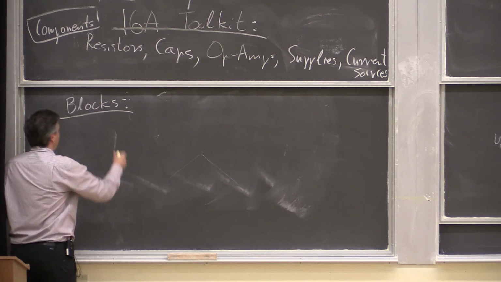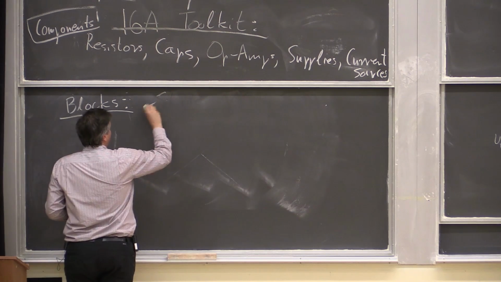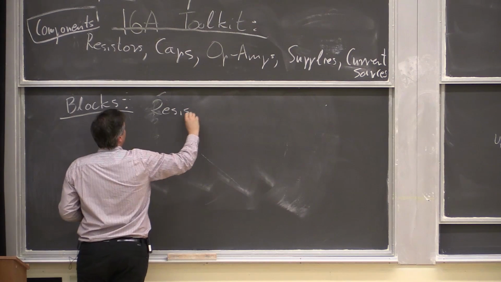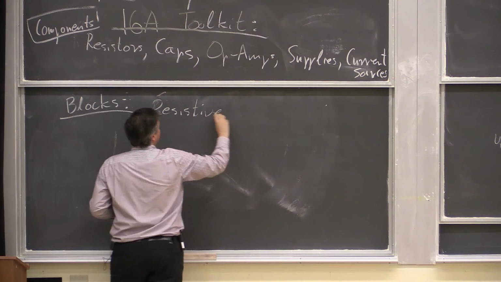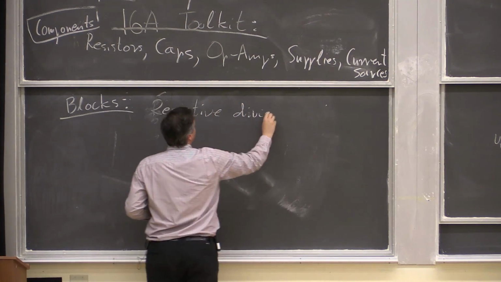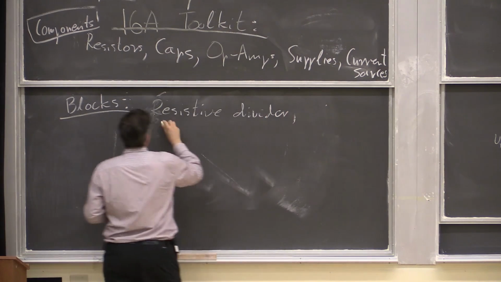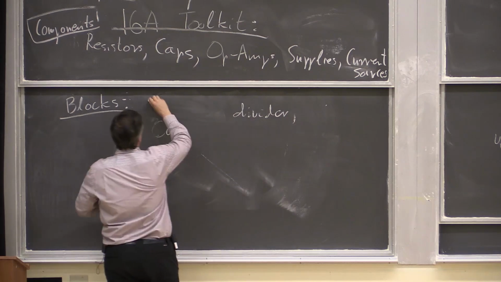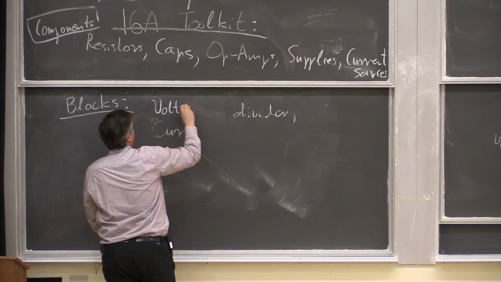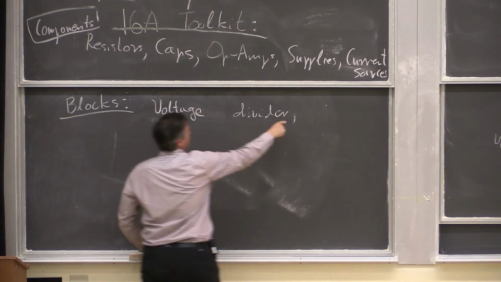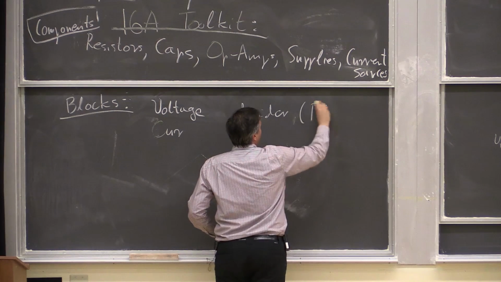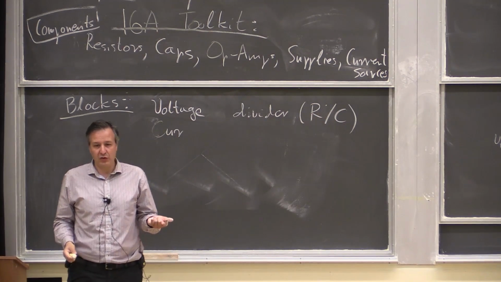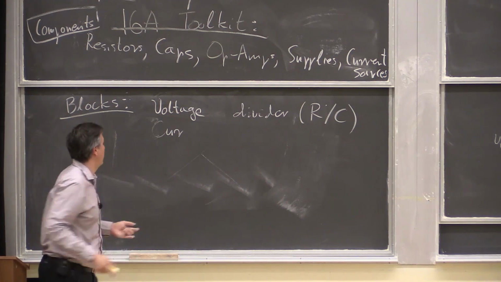Blocks are things like resistive divider, current divider, or so let's say, sorry, voltage divider. Voltage divider, I'm going to put both R and C because we can realize voltage dividers with capacitors too, right?